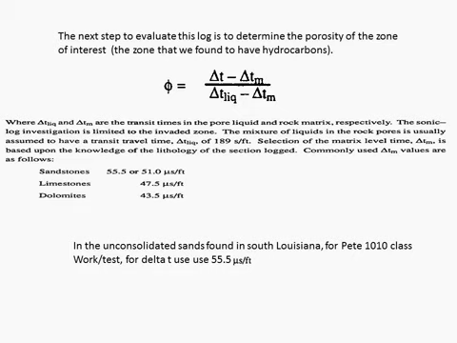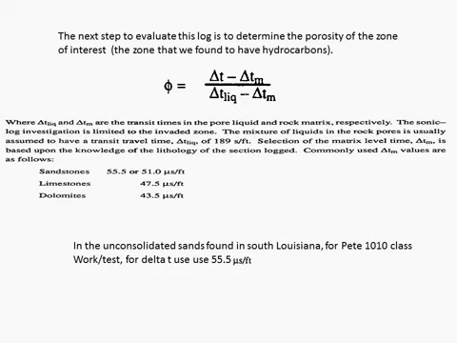The next step to evaluate this log is to determine the porosity of the zone of interest, the zone that we found to have hydrocarbons. Porosity equals delta T minus delta T matrix, divided by delta T liquid minus delta T matrix, where delta T liquid and delta T matrix are the transit times in the pore liquid and rock matrix respectively.